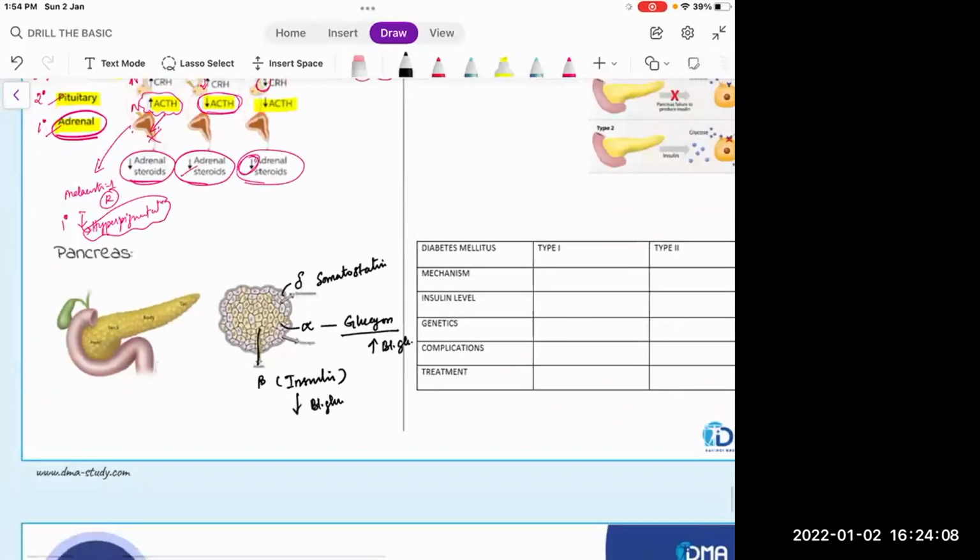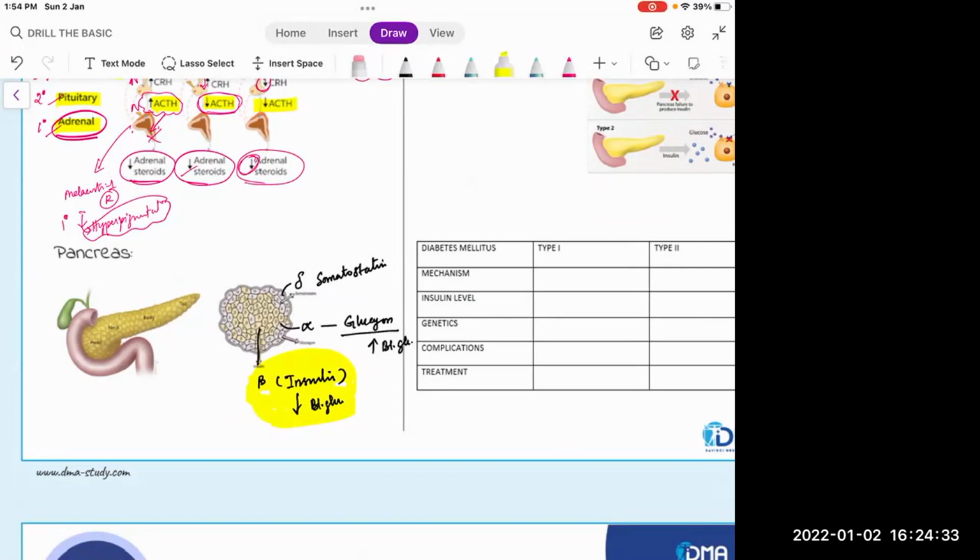Insulin is the only hormone in our body which decreases the blood glucose level. Other than this, all the other hormones like glucagon, steroids, glucocorticoids, cortisol, growth hormone, thyroid hormone, every other hormone increases the blood glucose level.